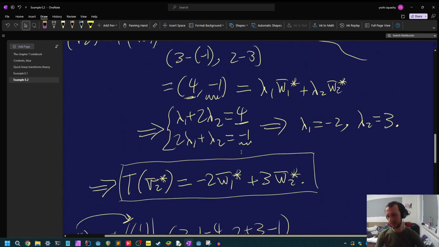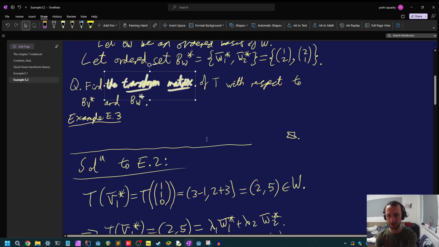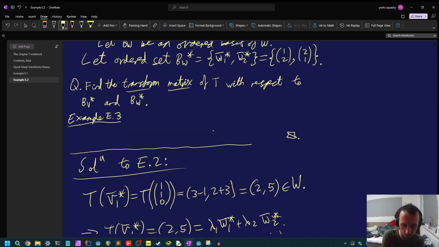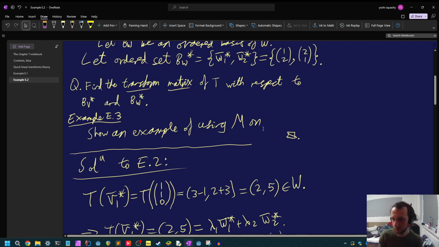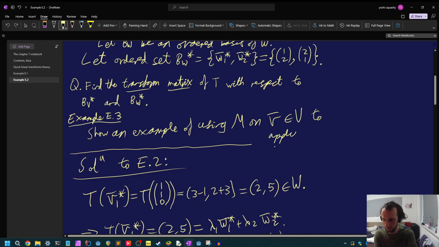In terms of using it, that's what the next part is. So maybe I'll just write that in now. We're going to do a bit of reverse engineering. We're going to refer to it as M, but it's just a transform matrix from this part. Show an example of using M on some general vector v of V to apply T to v, and then we're going to use the abbreviation WRT, with respect to.